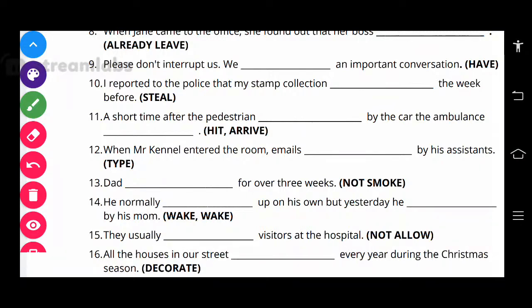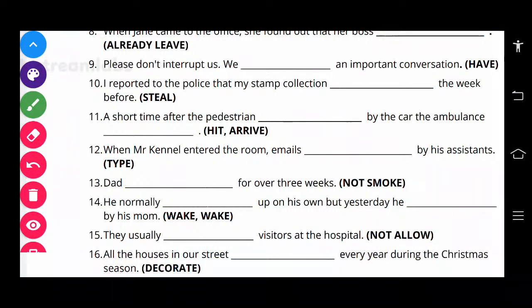It's not hitted, it's had been hit, only hit, don't use hitted. Very good. So therefore the answer: a short time after the pedestrian had been hit by the car, the ambulance arrived. Yeah, that's it. So that is why I told this is one of the best examples.